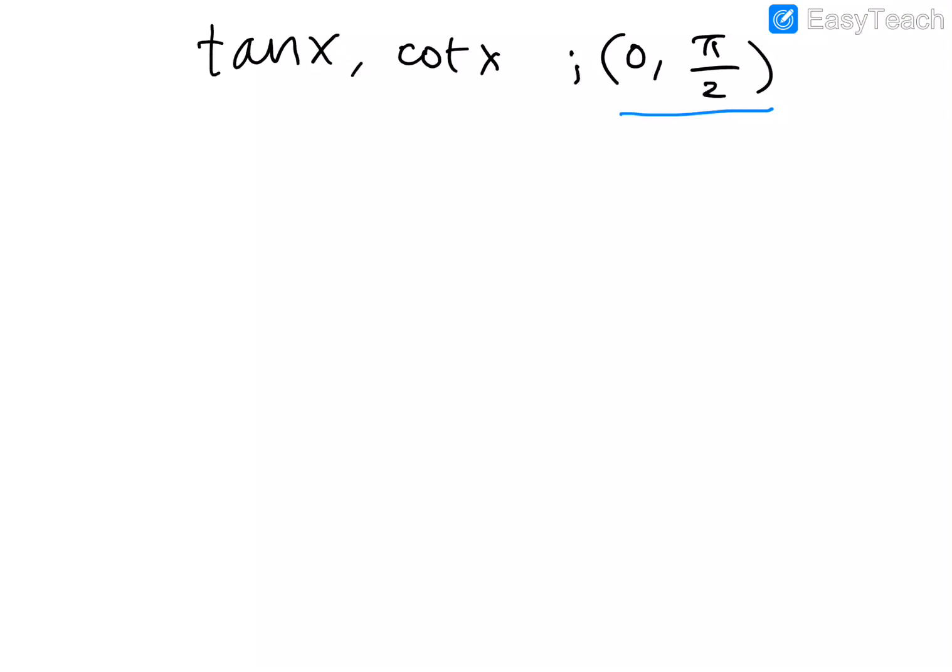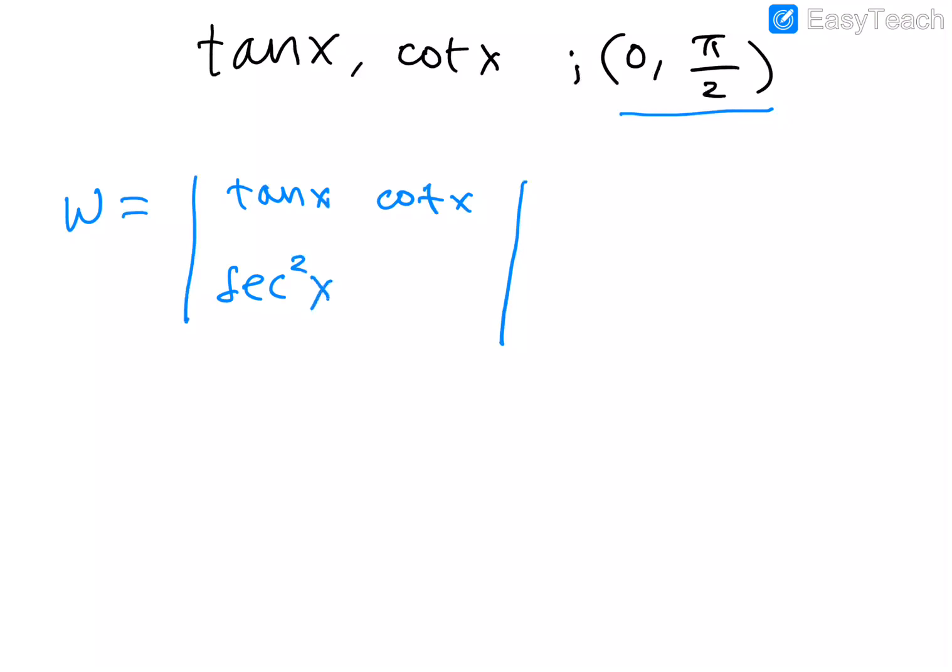So we're going to go ahead and apply the Wronskian method. We're going to set up our matrix. This is where our derivatives of trig functions come in handy. The derivative of tangent x would simply be secant squared x, and the derivative of cotangent x would be negative cosecant squared x.